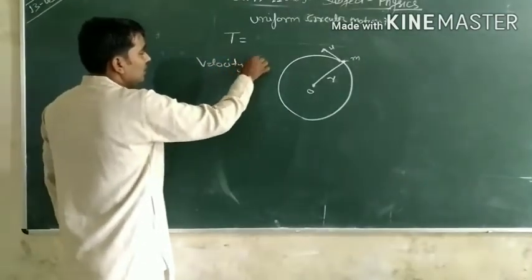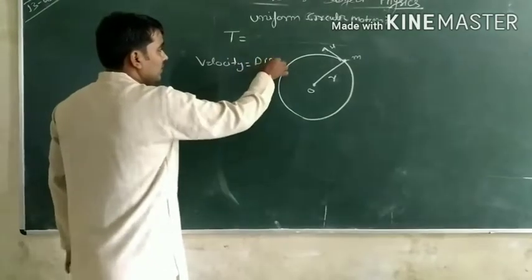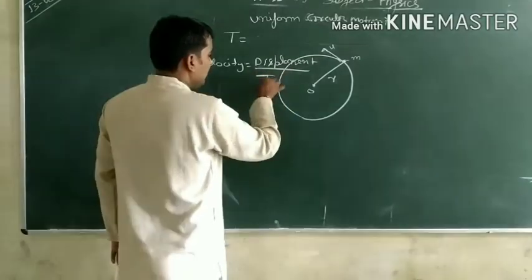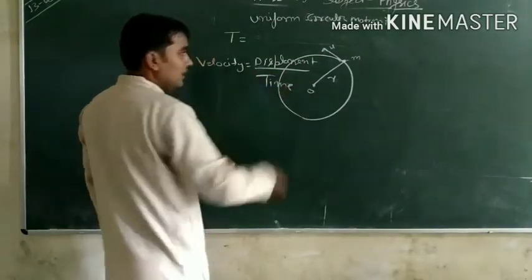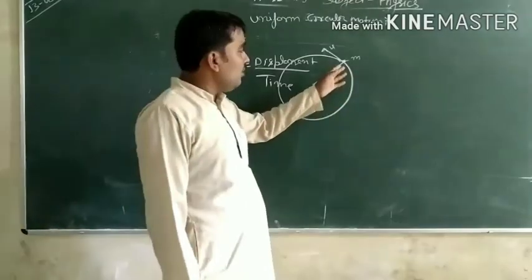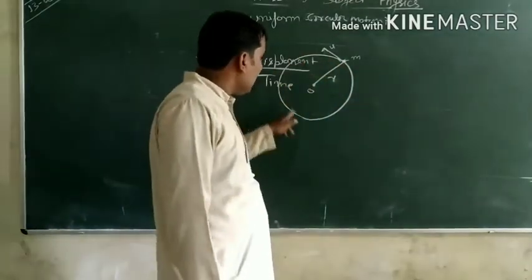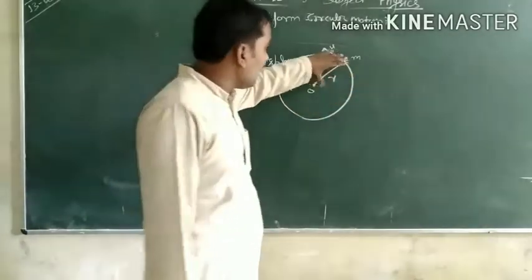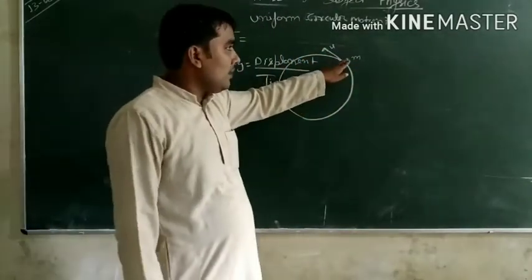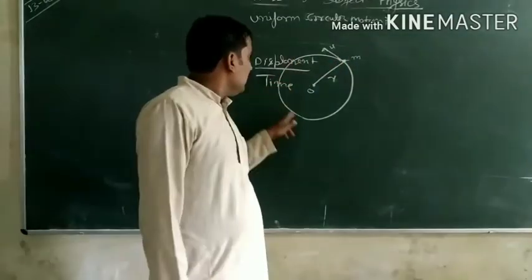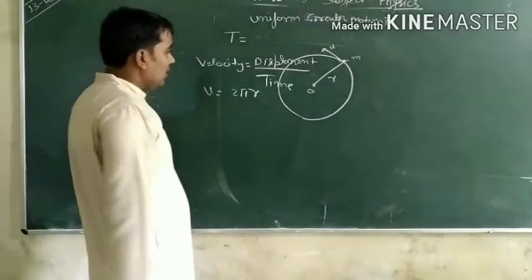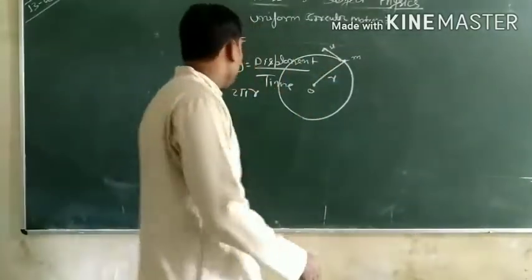We know that velocity is equal to displacement upon time. The velocity of the moving object is v. The displacement, when the moving object completes one revolution on the circular path of radius r, is 2 pi r, which is the circumference of the circle.